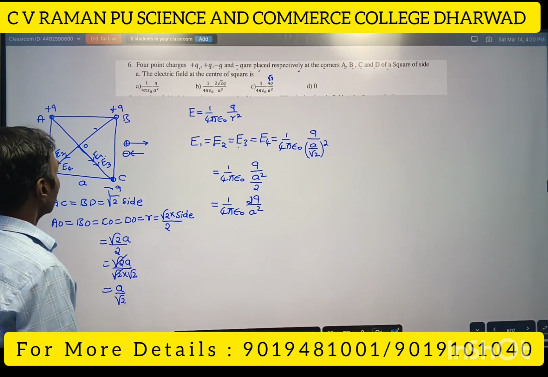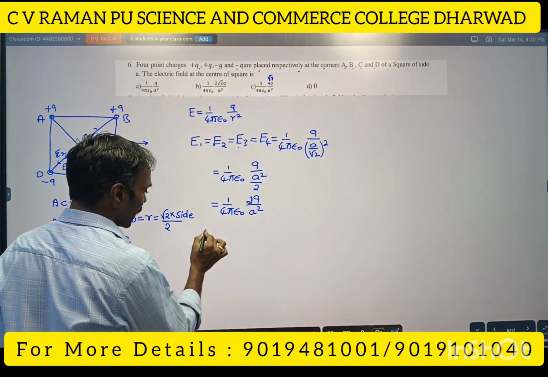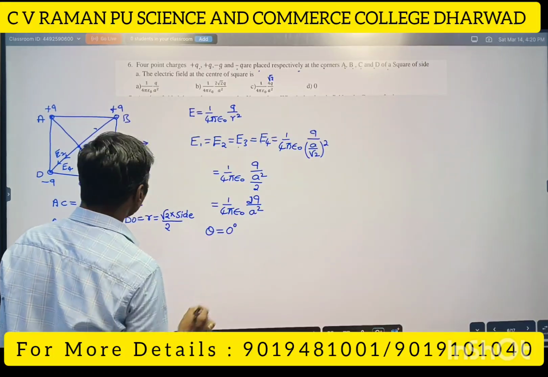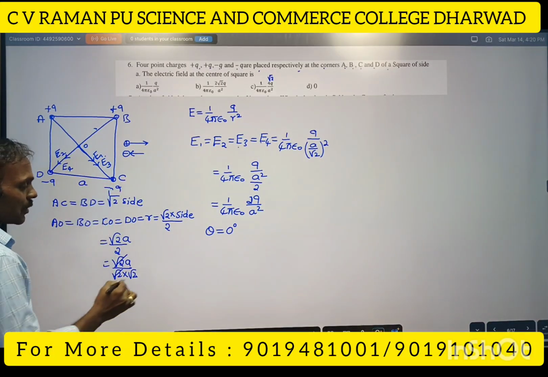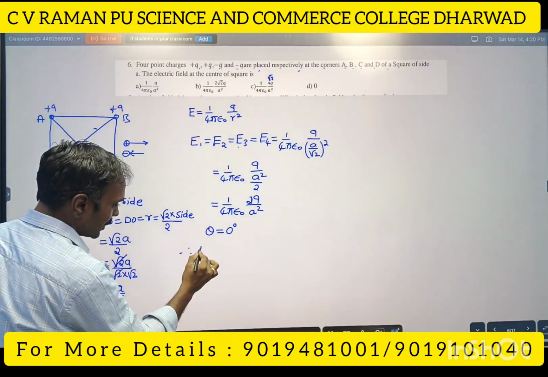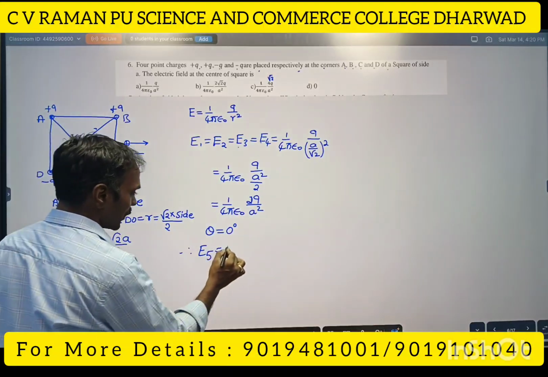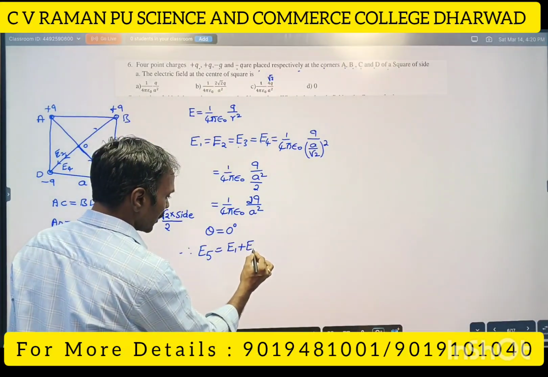Okay, so now let us see what is the angle between E1 and E3. Theta between E1 and E3 is 0. Both are along OC. So therefore the resultant of E1 and E3, I will write it as E5, is equal to E1 plus E3.